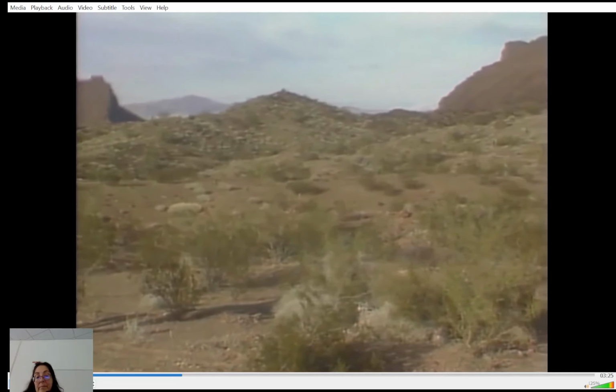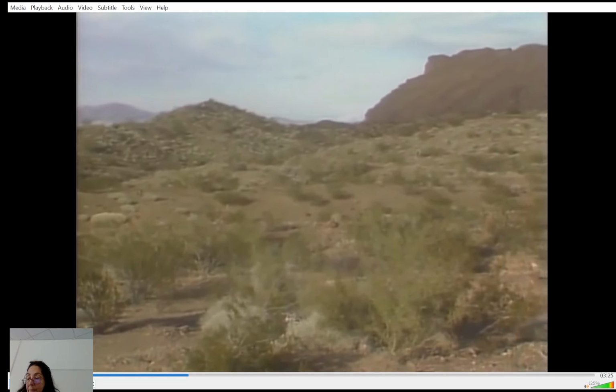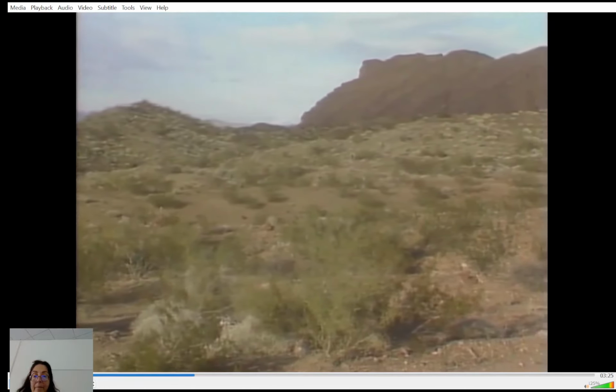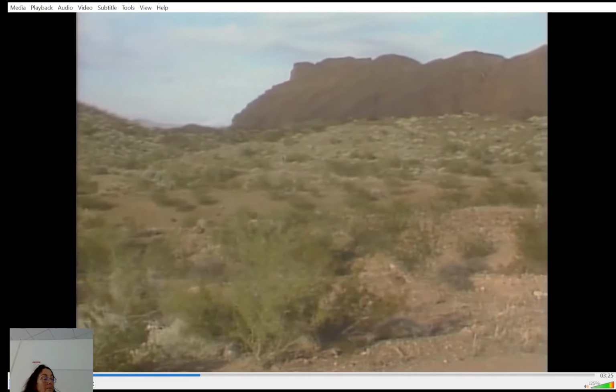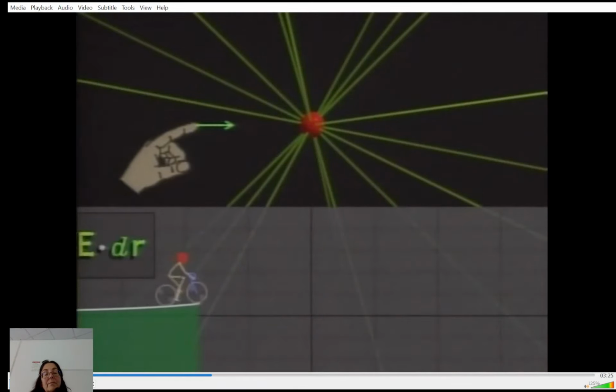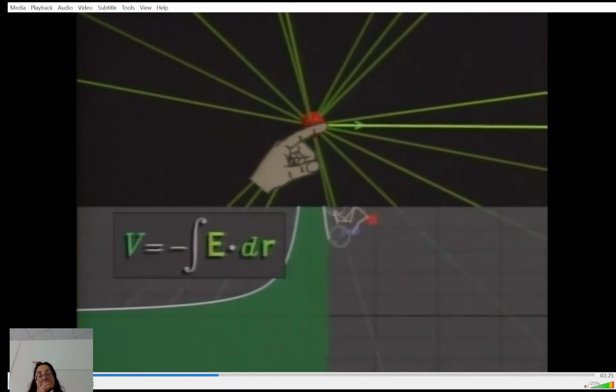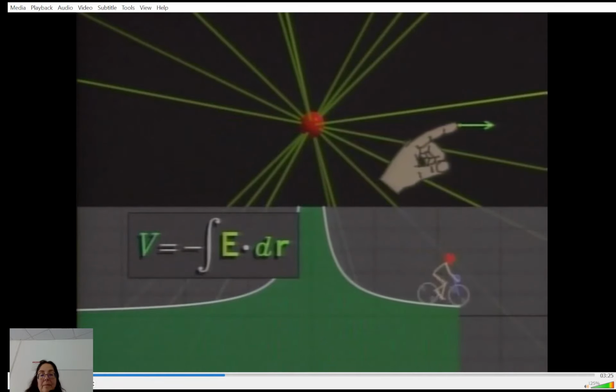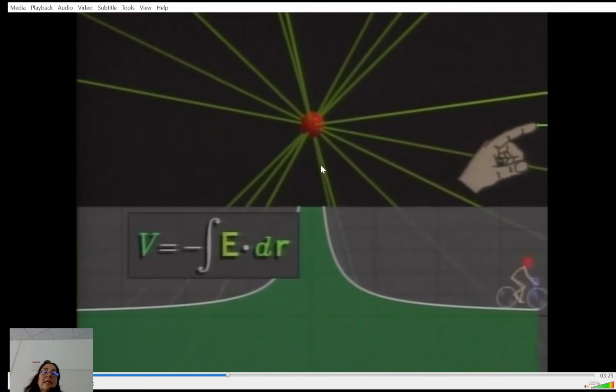To put it in more mathematical terms, the electric field is the negative derivative of the potential. Or, in other words, the potential is minus the integral of the electric field. So it gets into calculus, but it's fine.